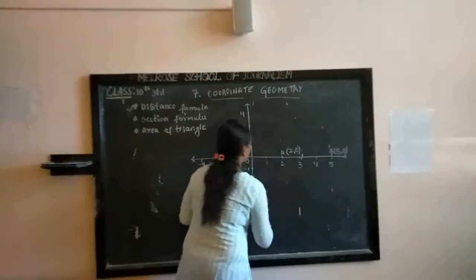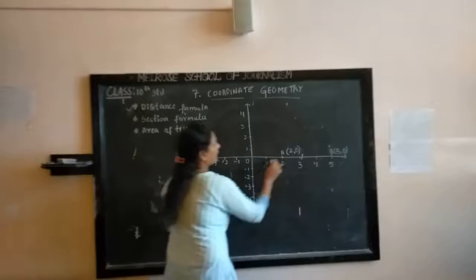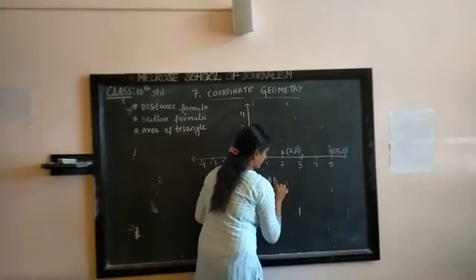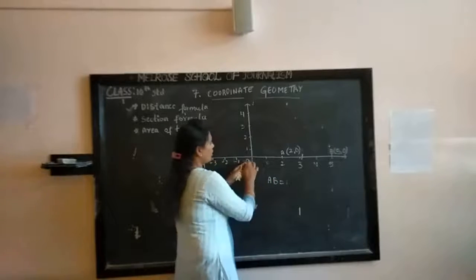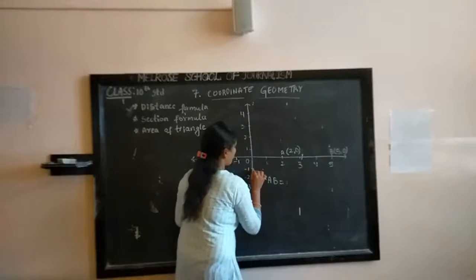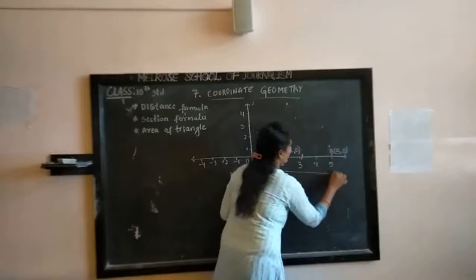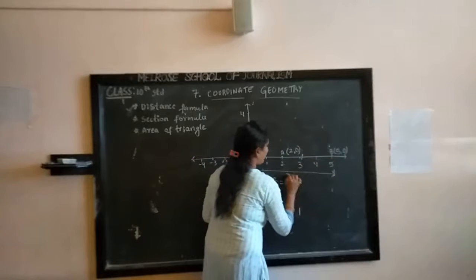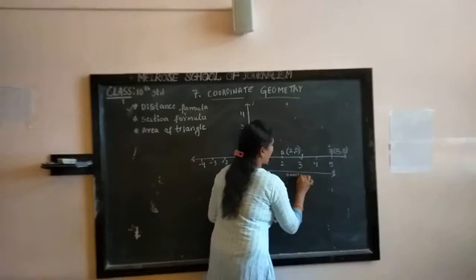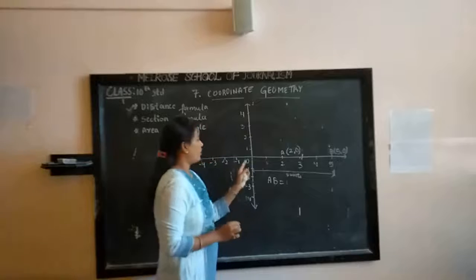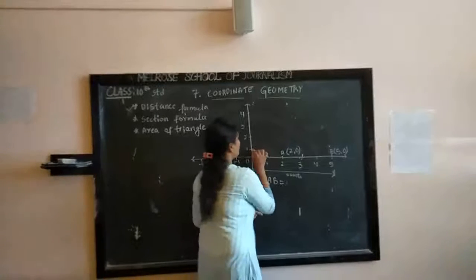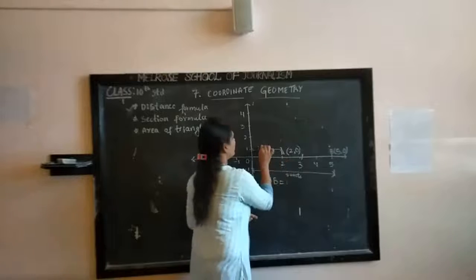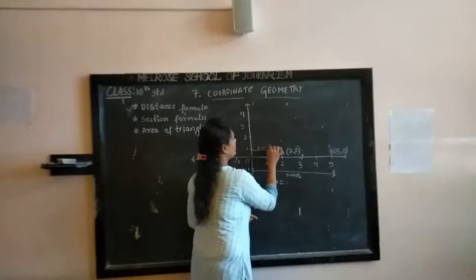The distance between the 2 points, between A and B, AB distance, is nothing but origin to B. What is origin to B? OB distance, see here, from here to here it is 5 units. And the distance from origin to A is 2 units.